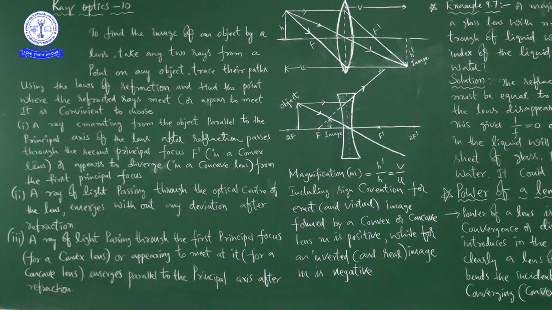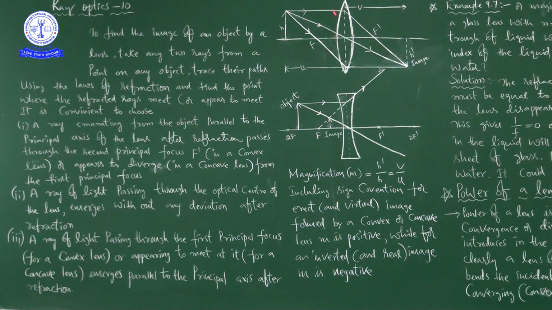The second law of refraction is: the ratio of sine of angle of incidence to the sine of angle of refraction is constant. You know what is object distance? That is the distance of the object from the optic center. And what is image distance? That is the distance of the image from the optic center. And what is focal length? That is the distance of the focus from the optic center.